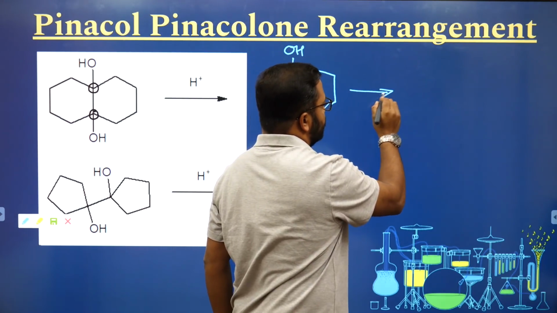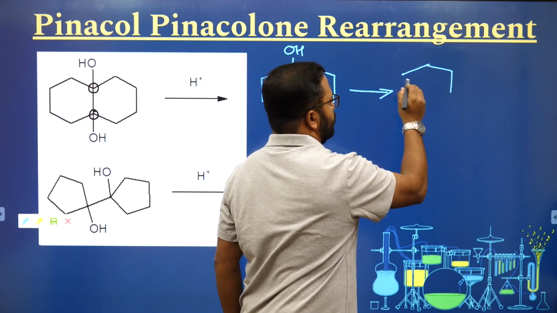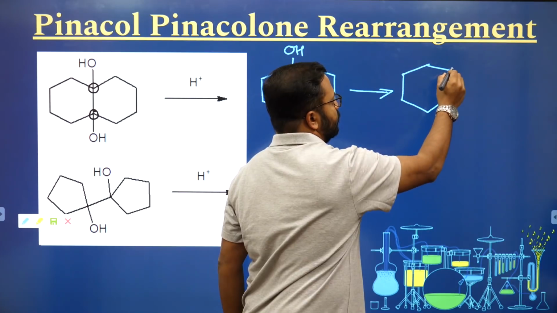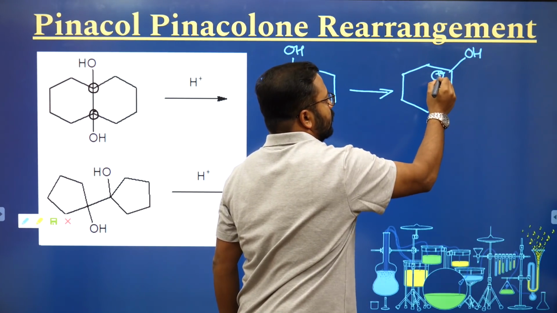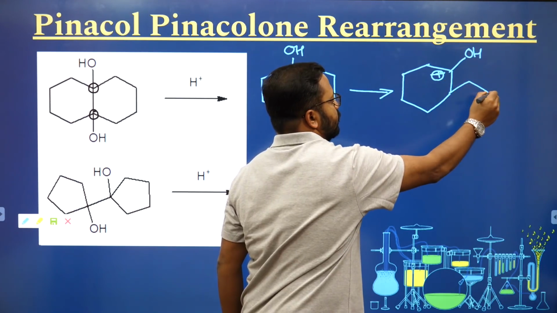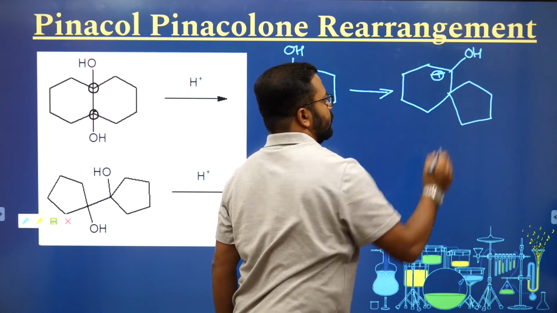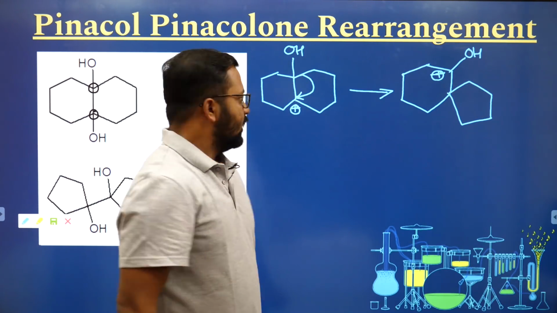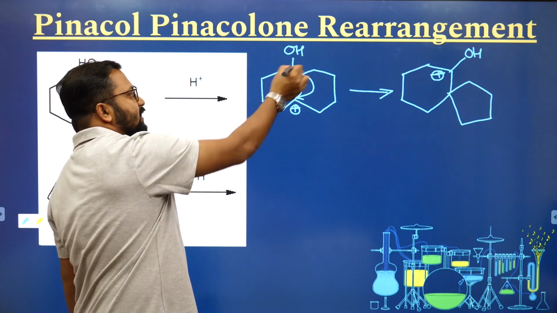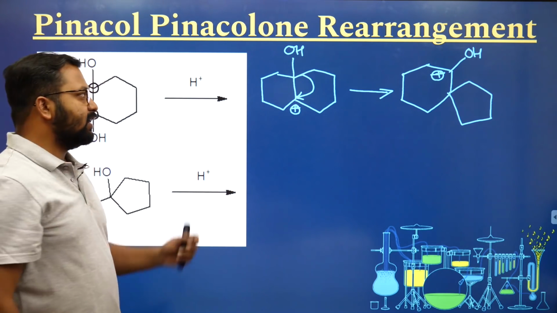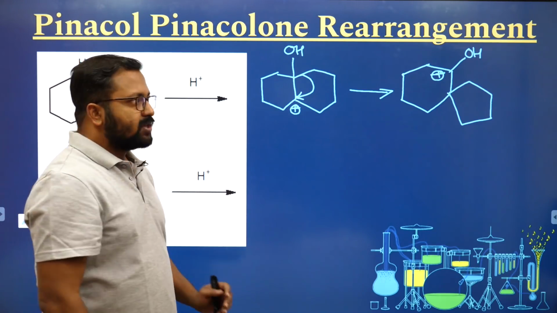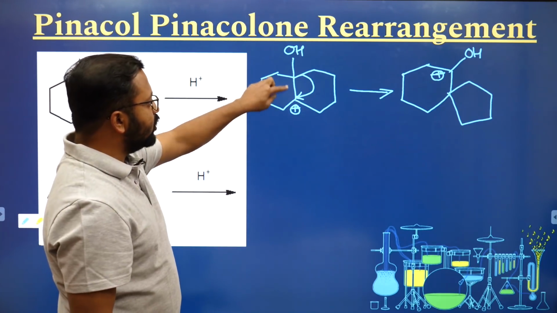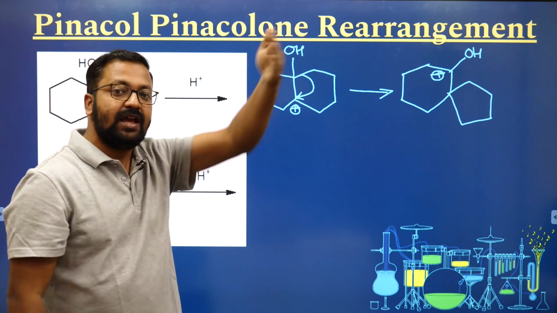and we would obtain something like this. Here there is no phenyl or methyl or hydride present, so what will happen, this ring will contract because I have to somehow bring the positive charge on the carbon atom which is attached to OH group.